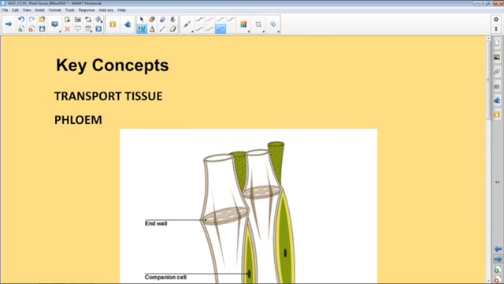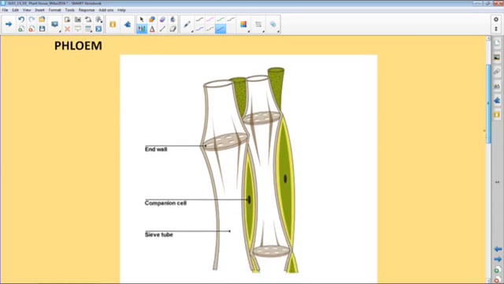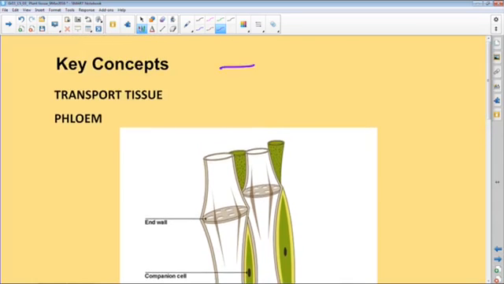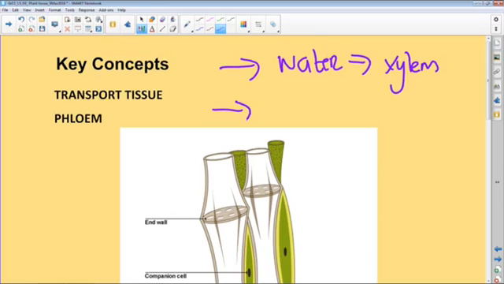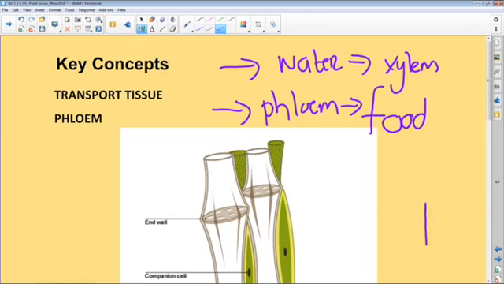Okay, last one is phloem. Now, as I said earlier, we need to transport two things: water, which we've just done through xylem, and food through phloem. What does phloem do? Phloem is going to transport food. If we look at our plant, here are my leaves at the top. What do my leaves make?